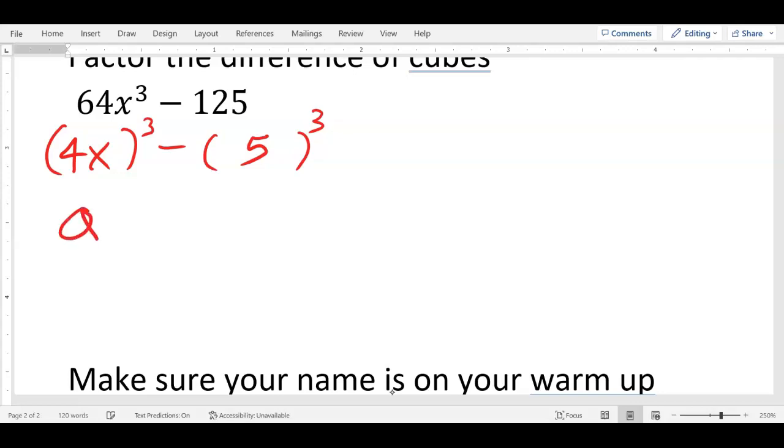What's my A value going to be? Not x, not 4, it's 4x. And what's my B value going to be? Just 5. Please follow with me, because too many people don't do their stuff, get lost, and I'm trying to explain it every day.